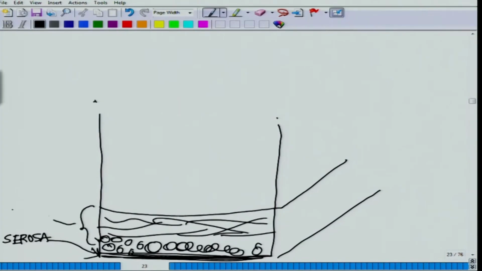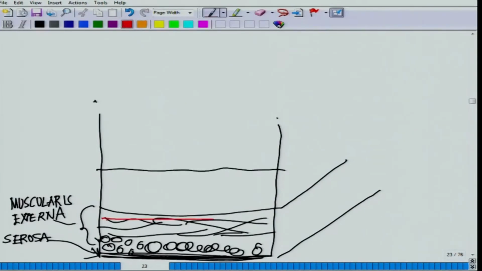This layer is called muscularis externa. On top of that, you have the layer called submucosa.